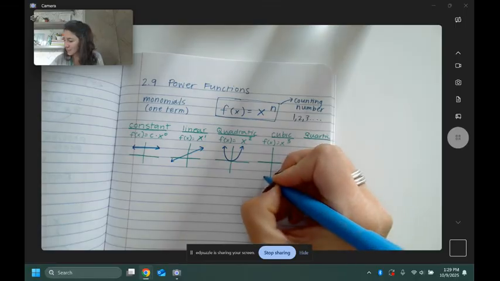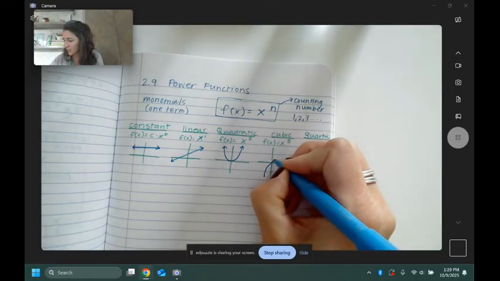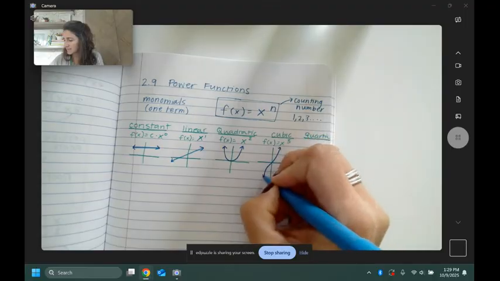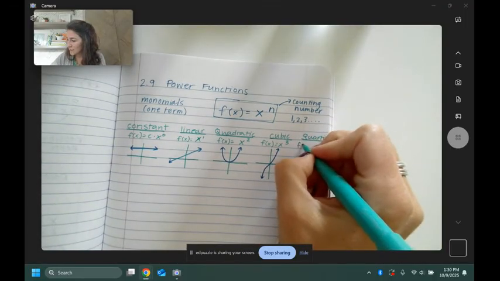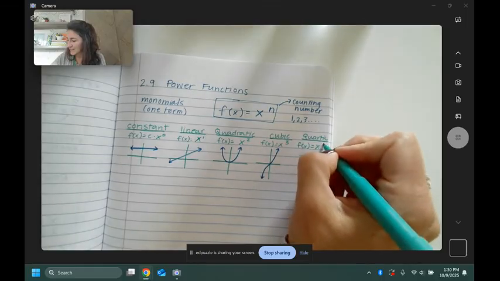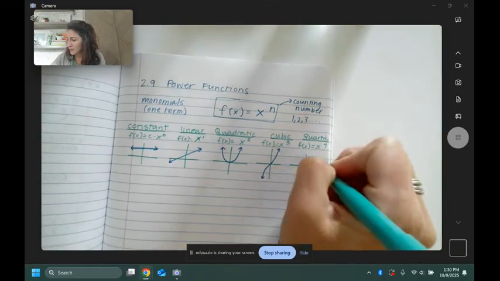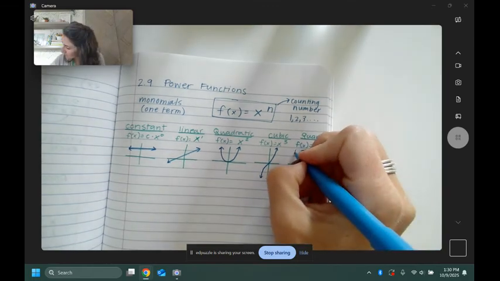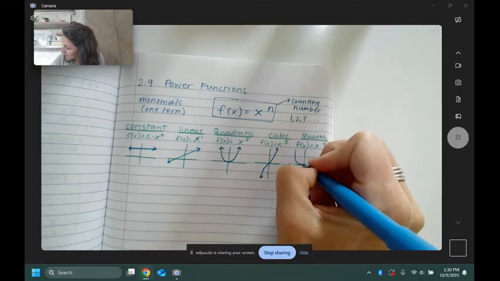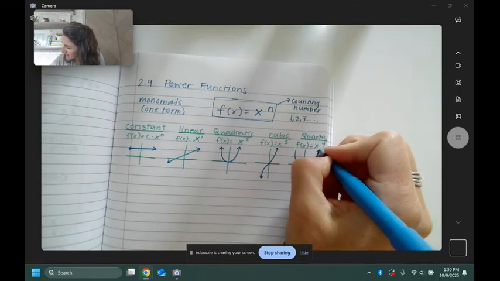But if you don't, it just looks like a squiggle like this. And lastly here, the quartic. F of x is x to the 4th. So the quartic function looks a lot like the quadratic one, but it's a little wider. It'll look something like this.